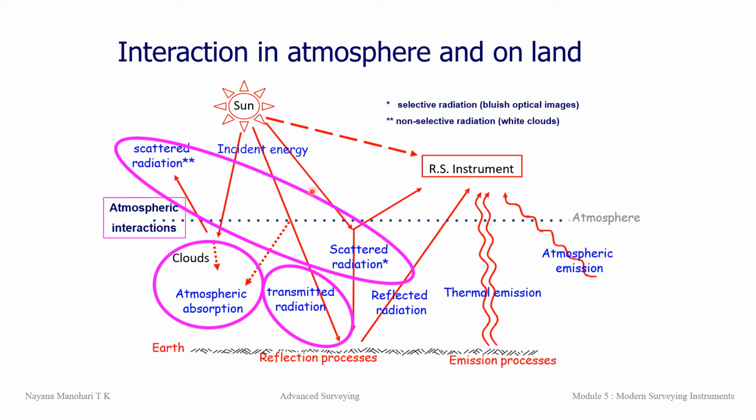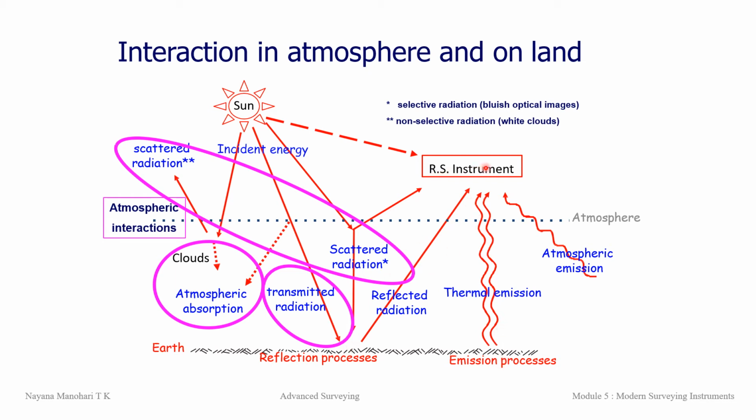So you can observe in this figure, this is the incident energy. It gets transmitted, there is atmospheric absorption. Later on it gets transmitted, reflected back, bounced back. Next it gets the emission process, thermal emission, reflected radiation.